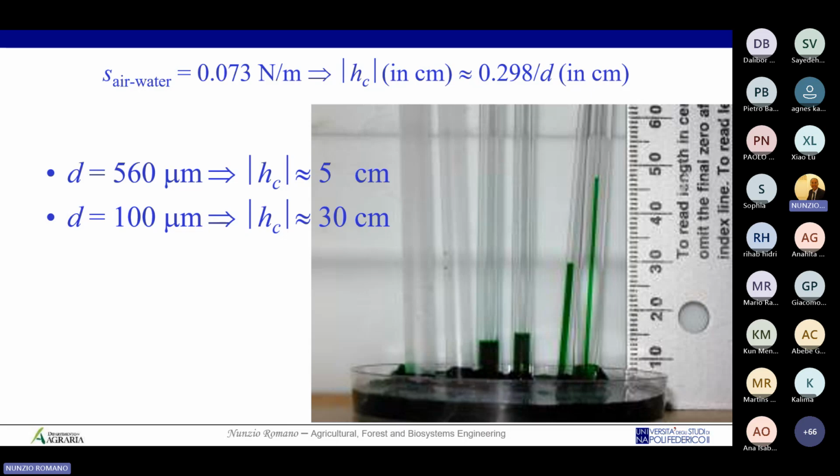But if you want the diameter associated with about 1 meter of capillary rise, you should consider a diameter of at least 30 micron. Okay. And in real soil conditions, you have diameters even smaller than 30 micron.